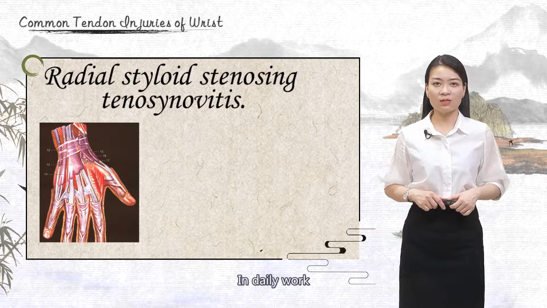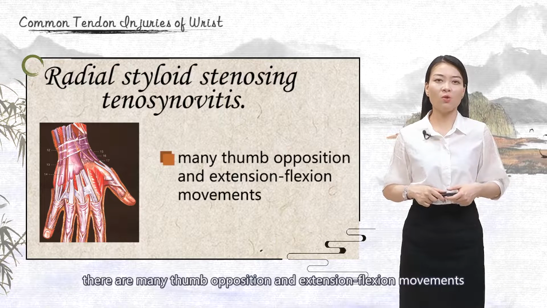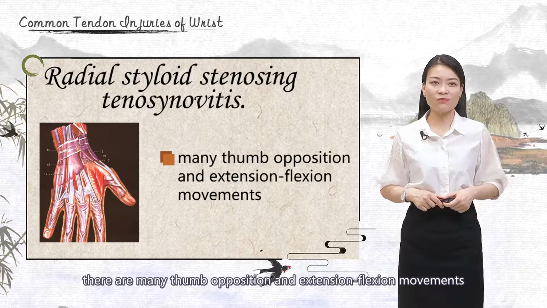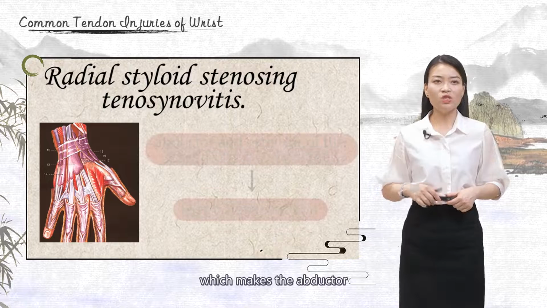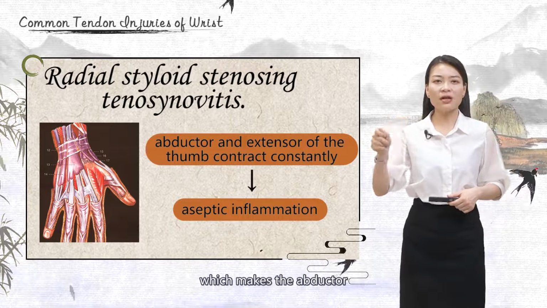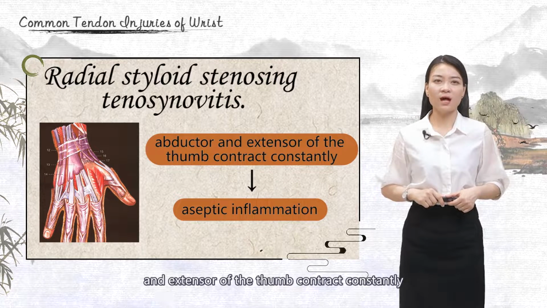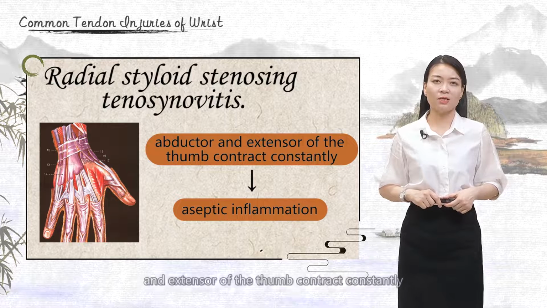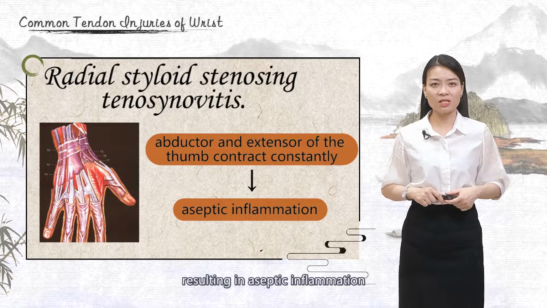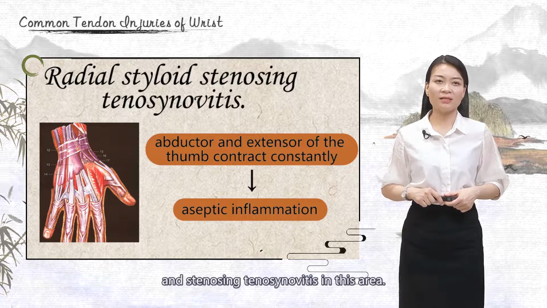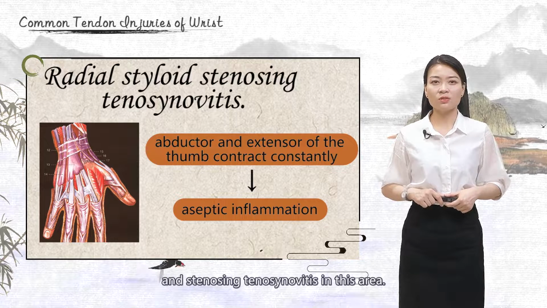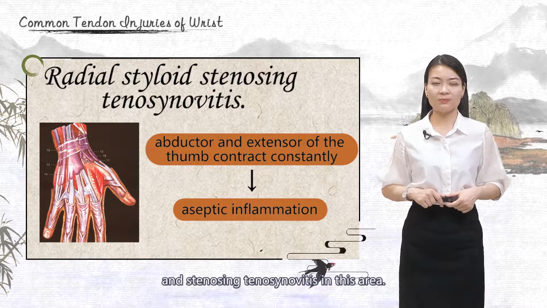In daily work, there are mainly some operation and extension flexion movements which make the abductor and extensor of the thumb contract constantly, resulting in aseptic inflammation and stenosing tendinosynovitis in this area.